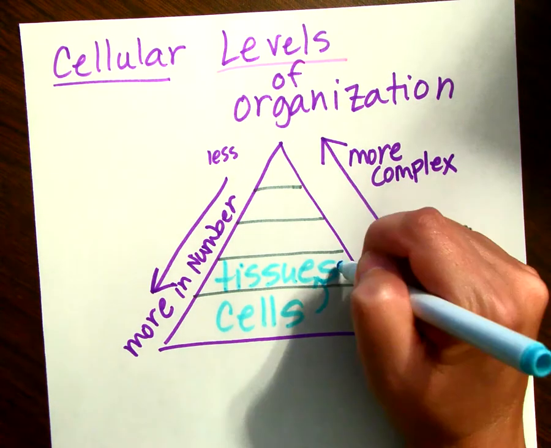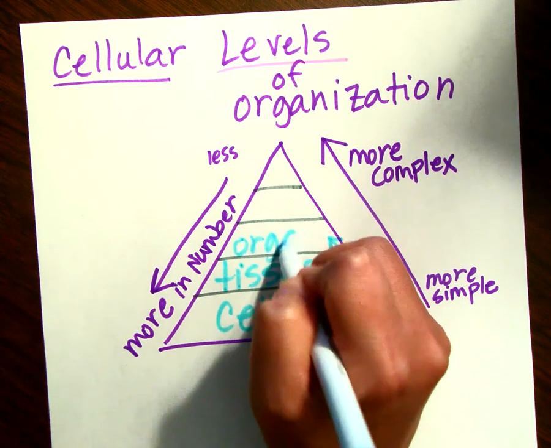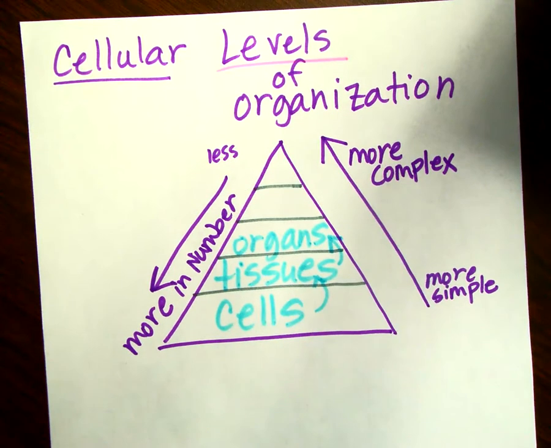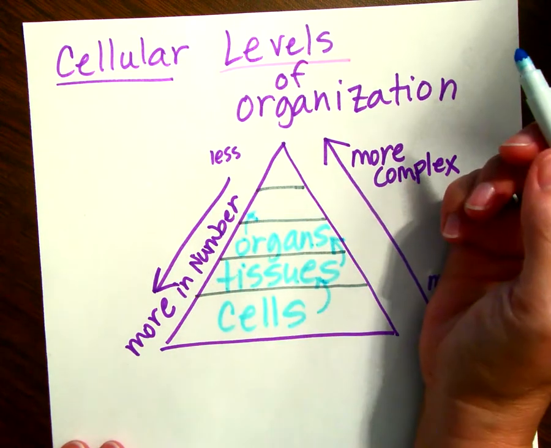When tissues are working together, they make organs. Your heart, lungs, stomach, intestines, kidneys. When organs are working together, they make organ systems.